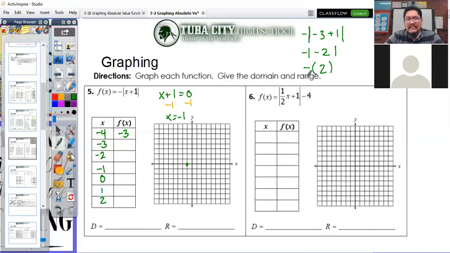So it's going to jump right onto this and make it negative. And now it looks like we're going to have to do another one. So that's going to be -2. -2 plus 1 is going to be -1. Take the absolute value of -1, that's going to become +1, but the negative is going to jump on it once it's out of that parenthesis.